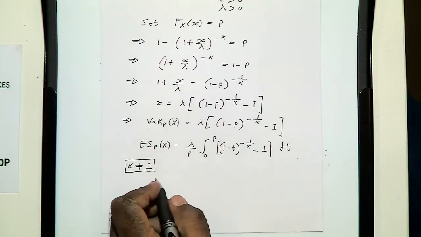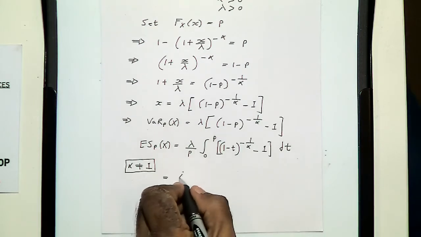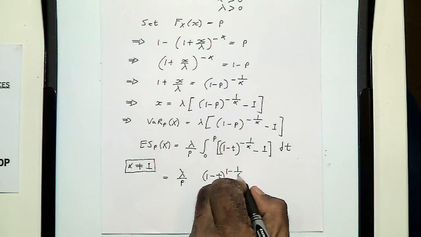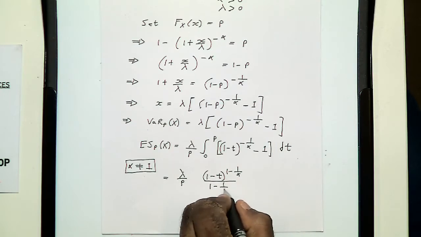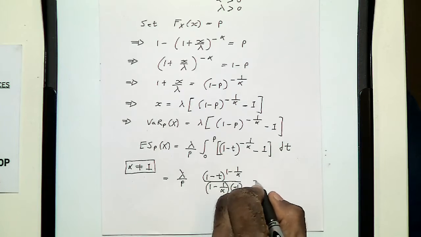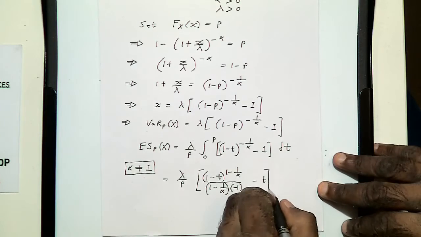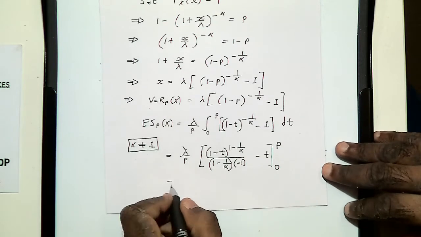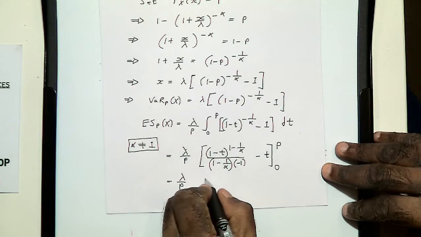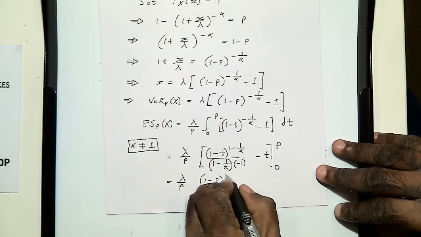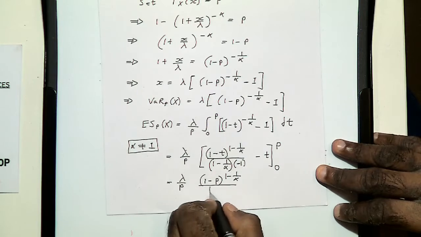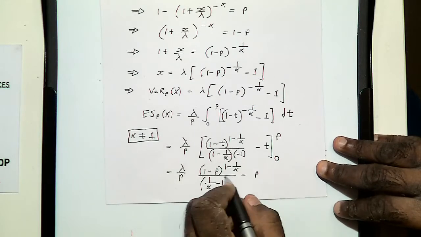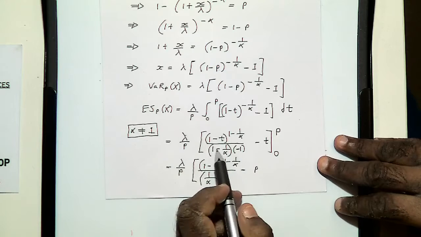So in this case this will become lambda by p ... and if you take the limits, you get the limit at p, and the limit at 0 is going to be 1.